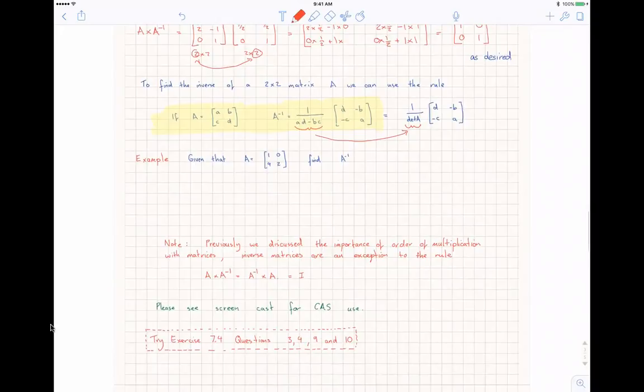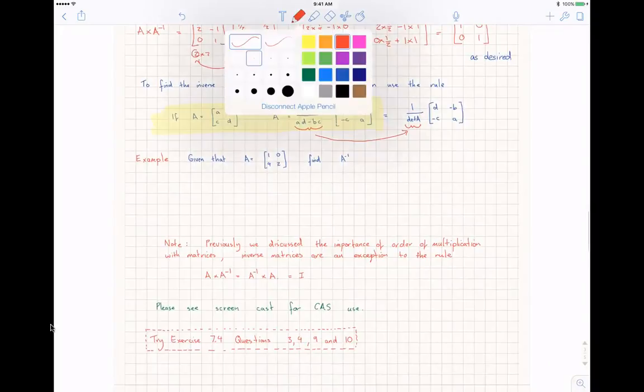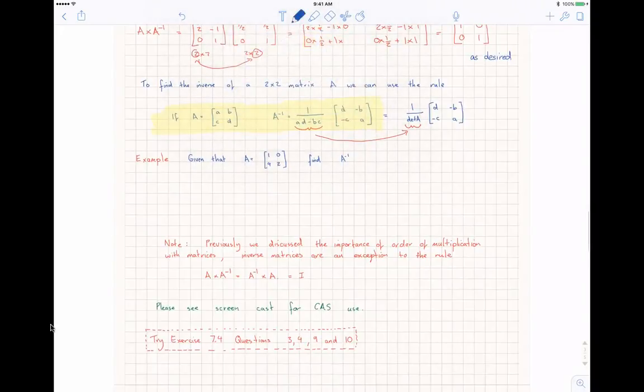So, an example: we're asked to find the inverse of this matrix here, A equals [1, 0; 4, 2].